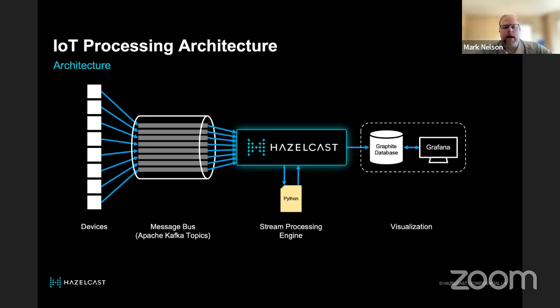That would then get processed into Hazelcast, our stream processing engine, which could send that information to the Python module to score it, and then send that to a Graphite database and Grafana for visualization.